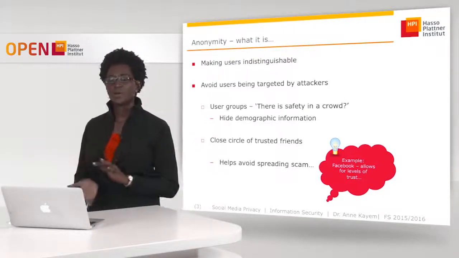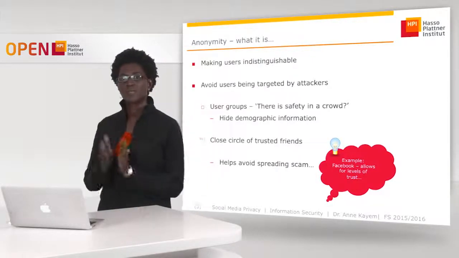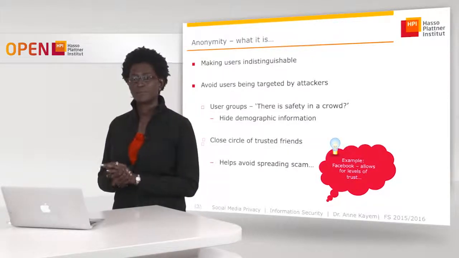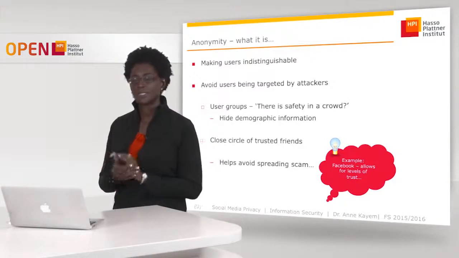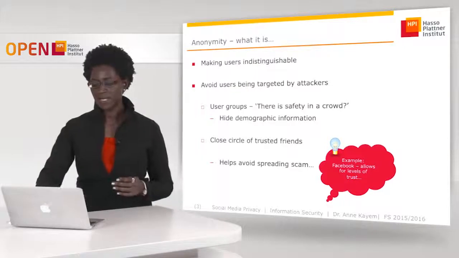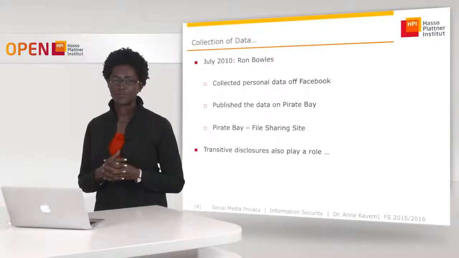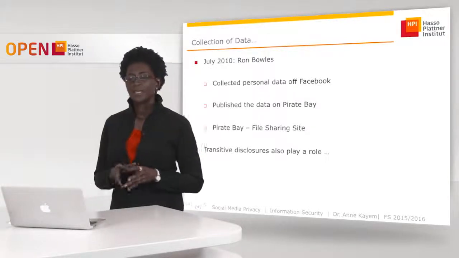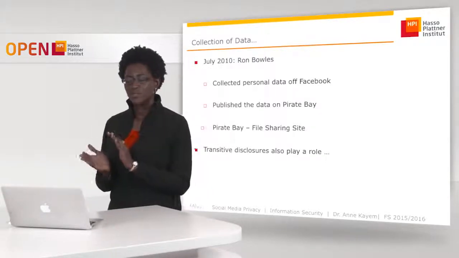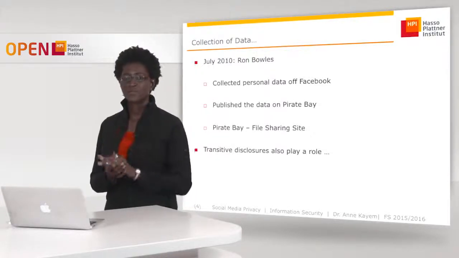So think about what we said, for example, when we talked about privacy settings, when we talked about, for example, access control policies, and the way that you can categorize friends into different groups in order to define different levels of trust.